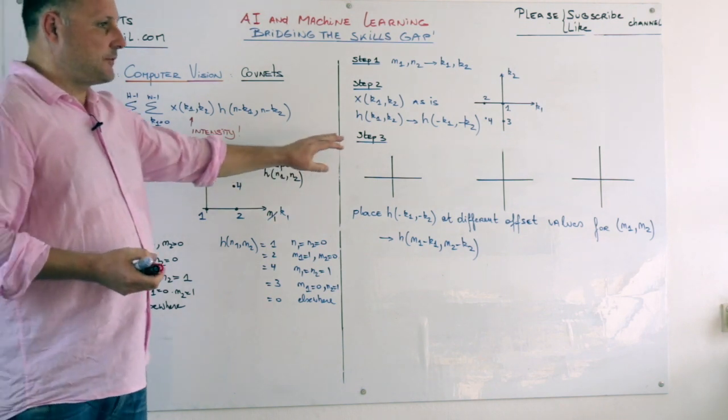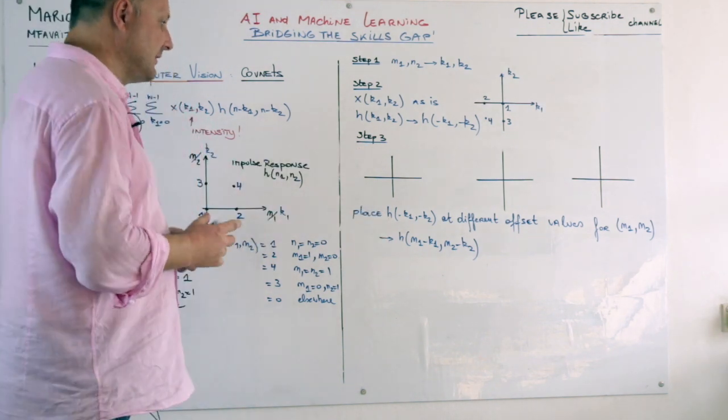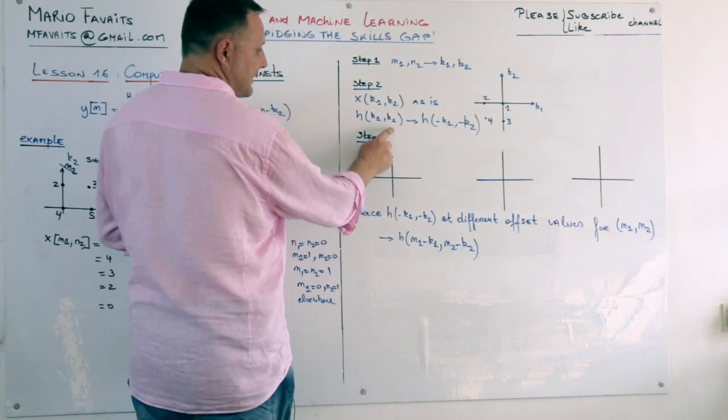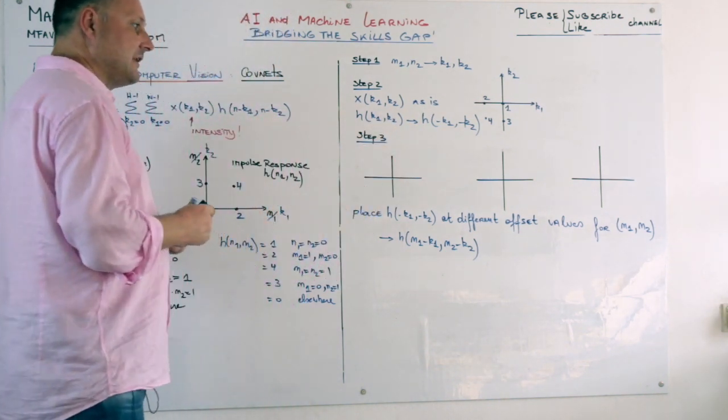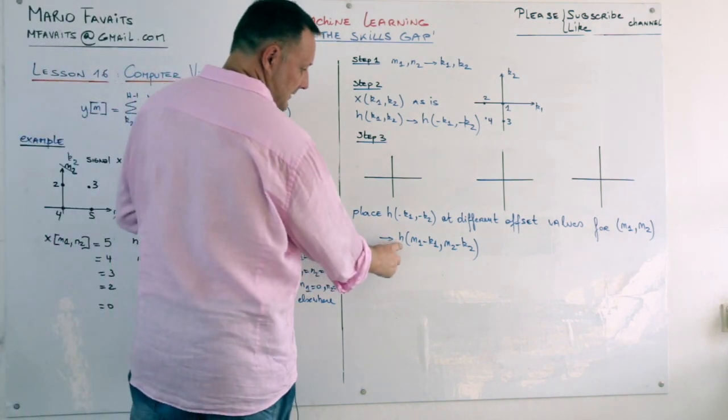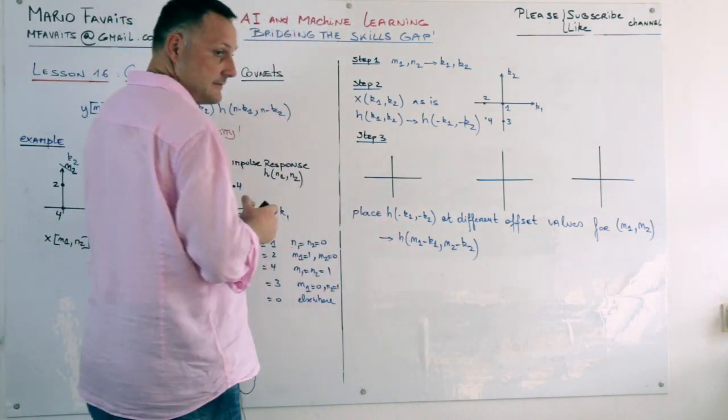Now in step 3, we're going to place this function at different offset values for n1 and n2 so that we get the calculation of this.